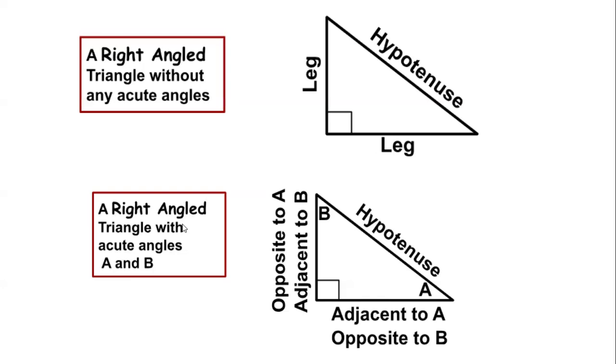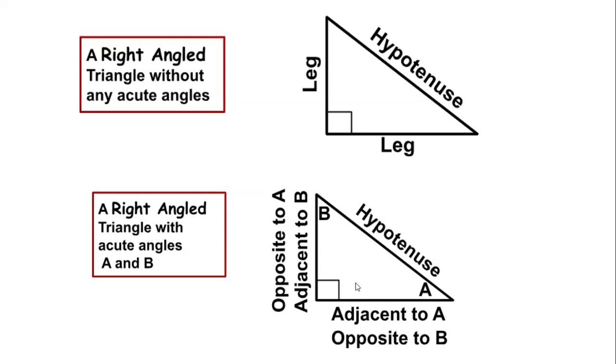Now, if you've got a right angle triangle with acute angles, let's say A and B here. So now you have angle A, you have angle B, and there you have the 90 degrees. The hypotenuse will always be away from the 90 degrees. The hypotenuse is always opposite to the 90 degrees.